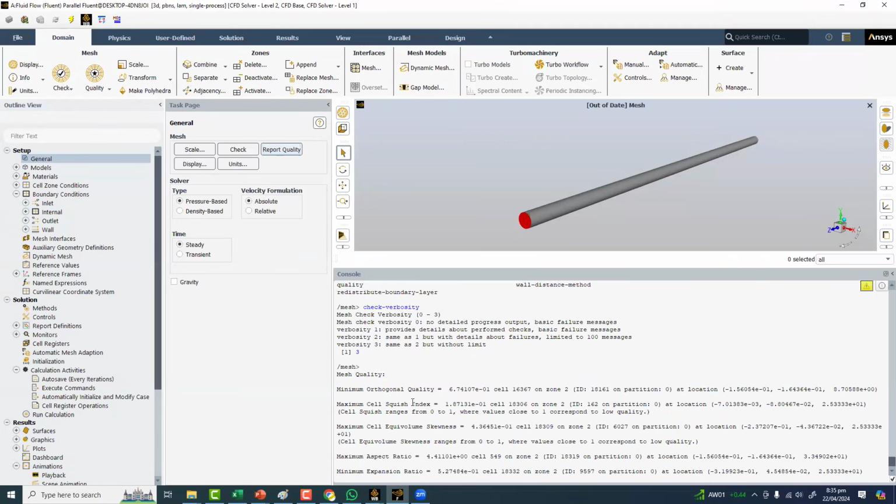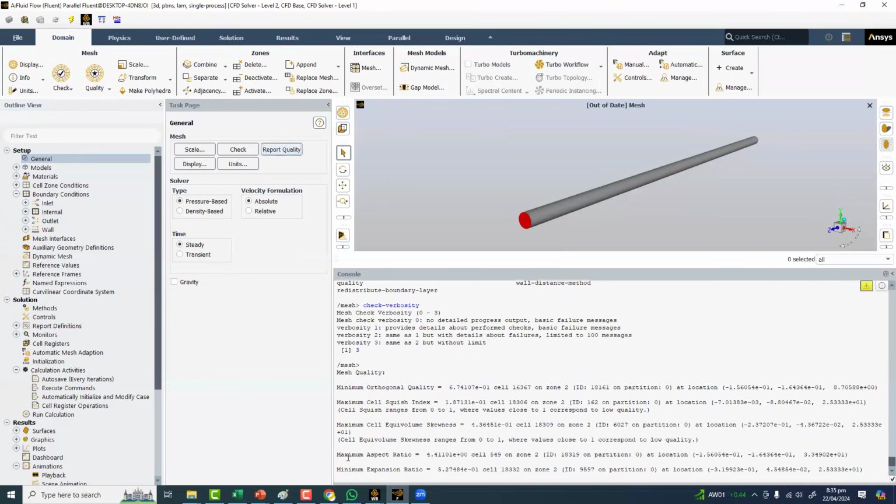Skewness is for two-dimensional cells. So cell skewness index is skewness based on the volume cells. Okay. And then we have the maximum cell equivolume skewness, which is like 0.4. And then we have the maximum aspect ratio, 4 point something, and the minimum expansion ratio is something like that.